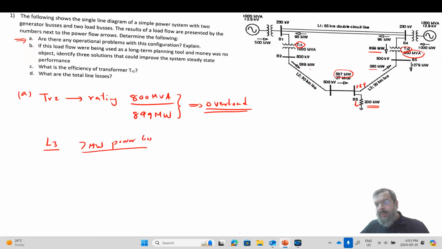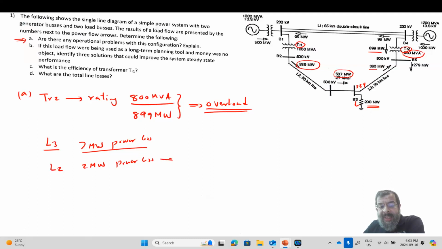Now, when you look at the other line, L2, we have 589 power in, 587 power out. So we have only 2 megawatt power loss. While line 2 has more power, around 60% more than line 3, it has lower losses.